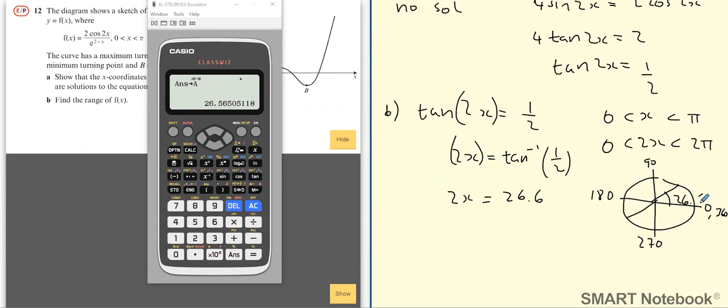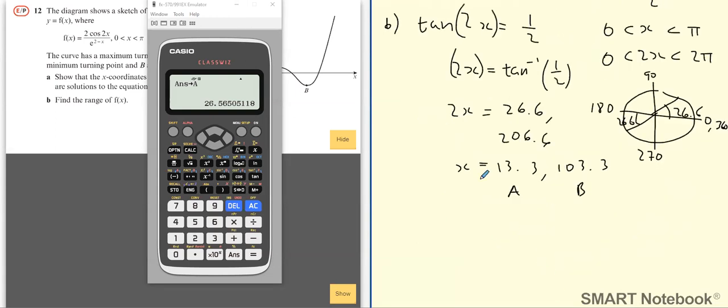So this is 26.6 and this is 26.6. So my second angle is going to be 206.6. And so my x values are going to be 13.3 and 103.3. And then obviously this is going to correspond to A and this is going to correspond to B, but we do need to change them into radians.